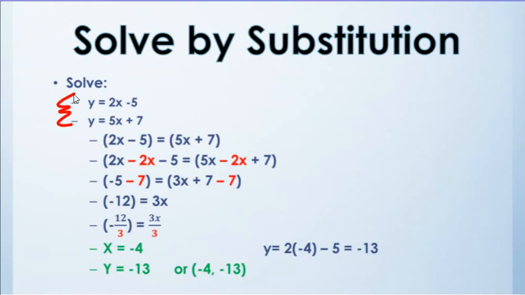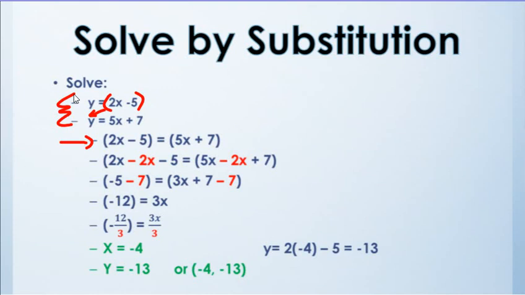Today we're just looking at a different method, substitution. So since both of these are equal to y, if 2x minus 5 is what y equals, I can substitute that for this y. And that's why in this line I have 2x minus 5 equals 5x plus 7.